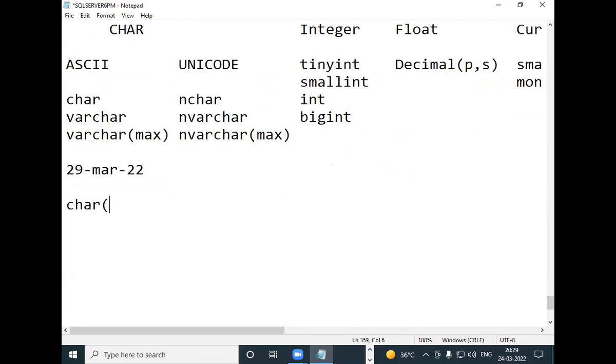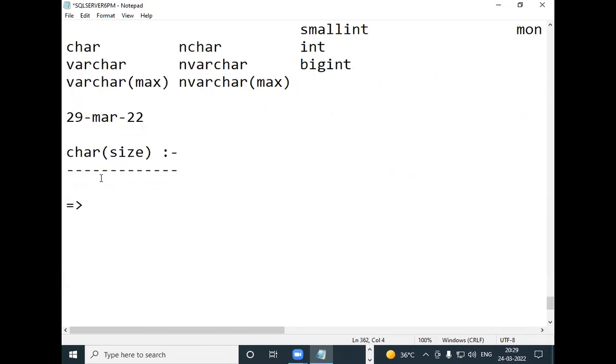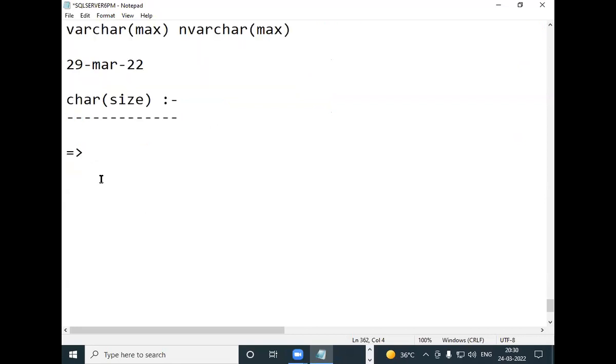So one is char(size). What does this data type allow?